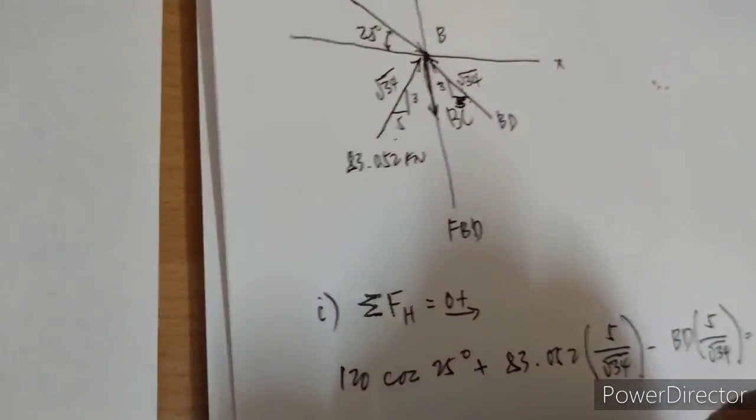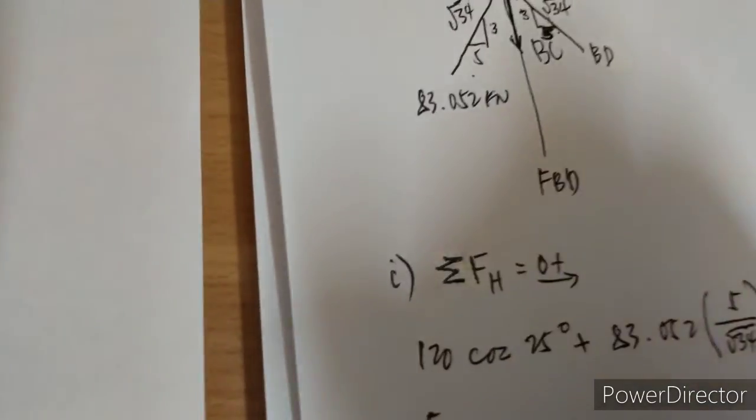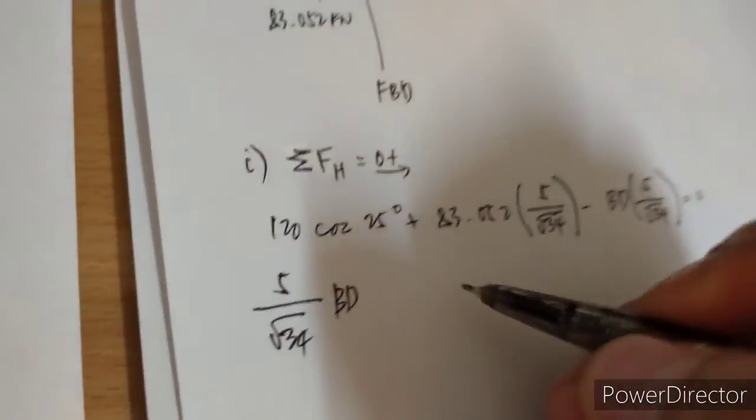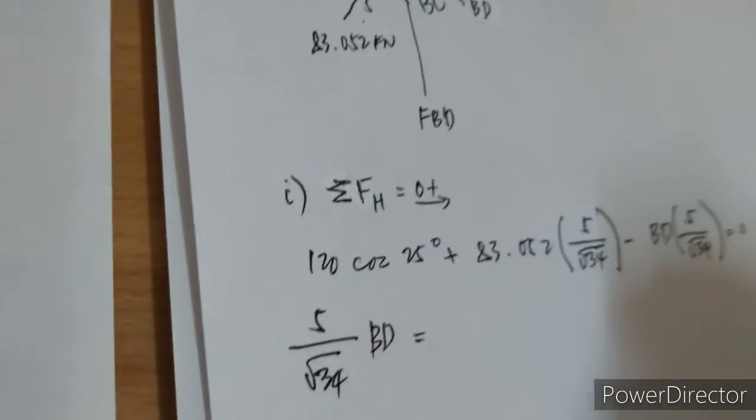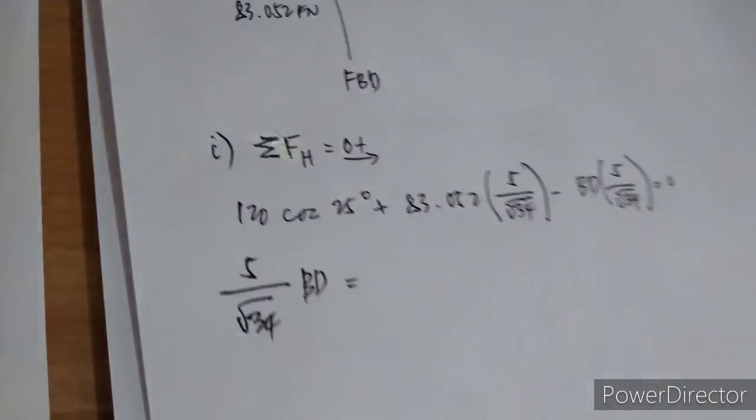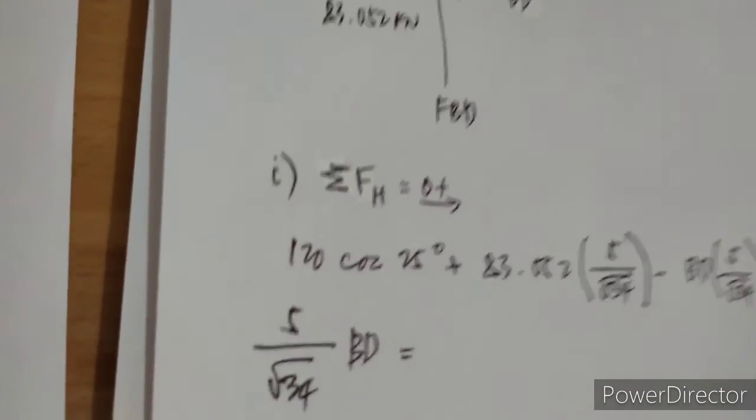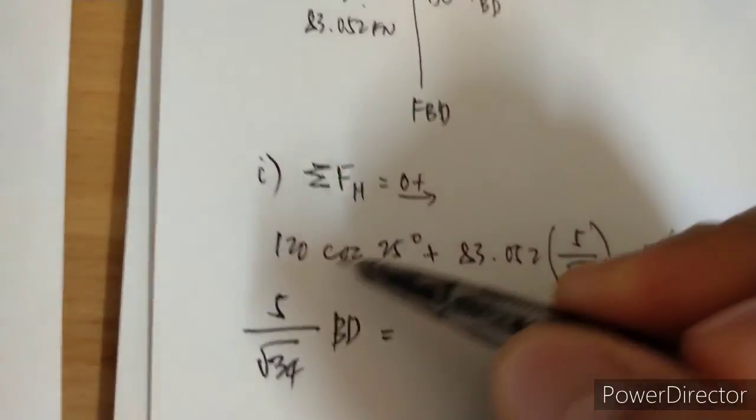So 5 over square root of 34 BD is equal to, what's the numerical value of this?